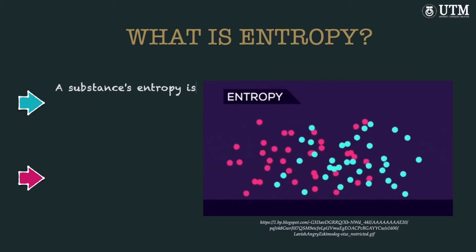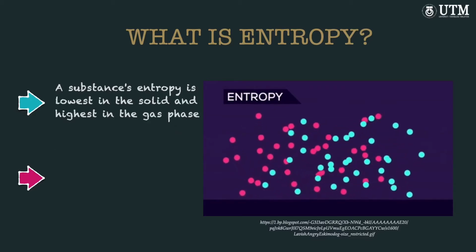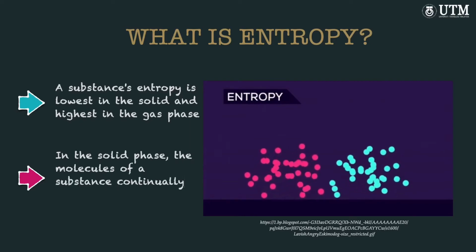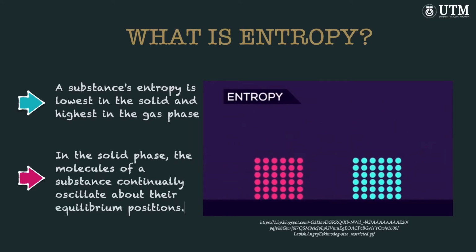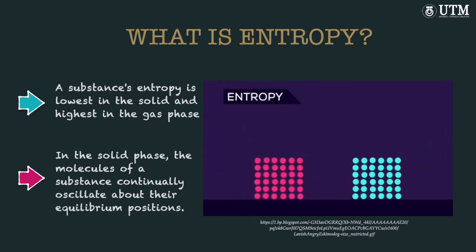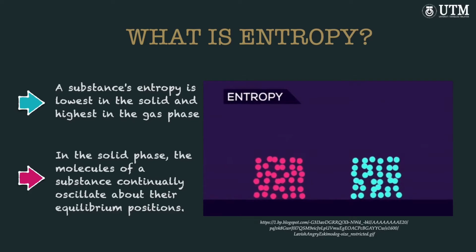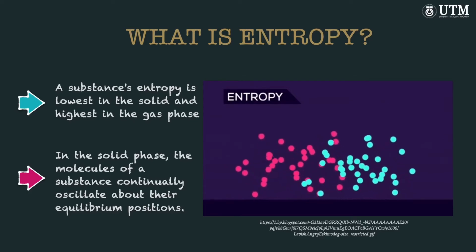In the solid phase, the molecules of a substance continually oscillate about their equilibrium positions. Still, they cannot move relative to each other. Their position at any instant can be predicted with reasonable certainty.